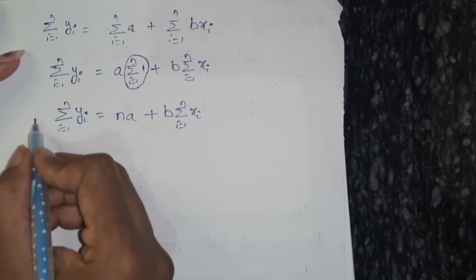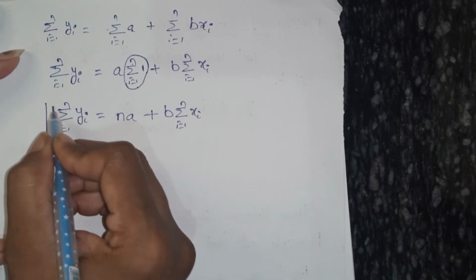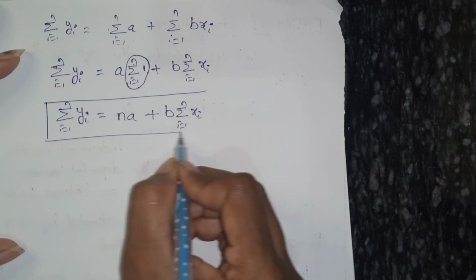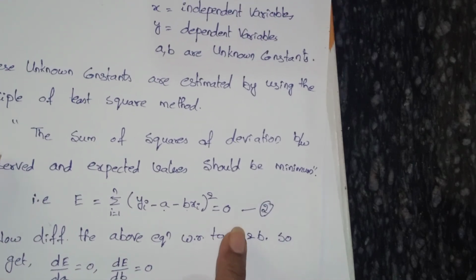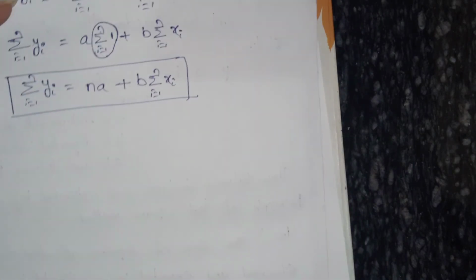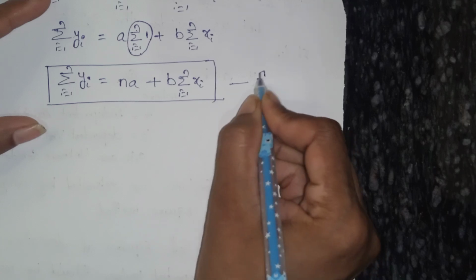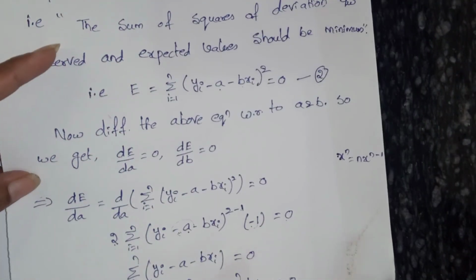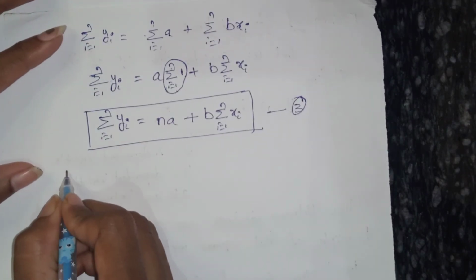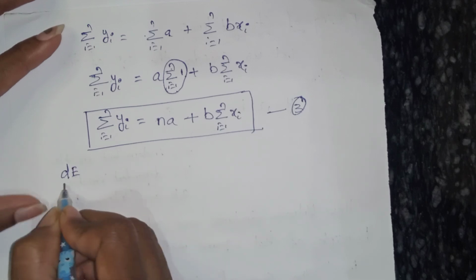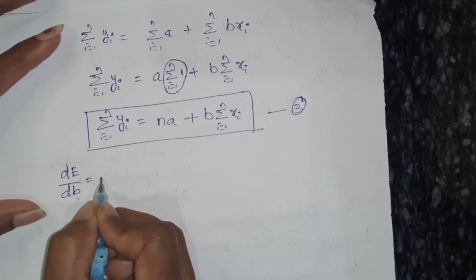So this is the second equation. We can say this is equation 2 or 3. I think it is 3, because we already gave equation 2 for the earlier term. So now this is equation 3. Now what do we take? The next term, that is dE by db equals 0.